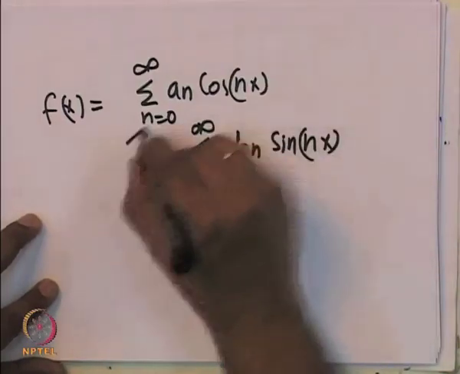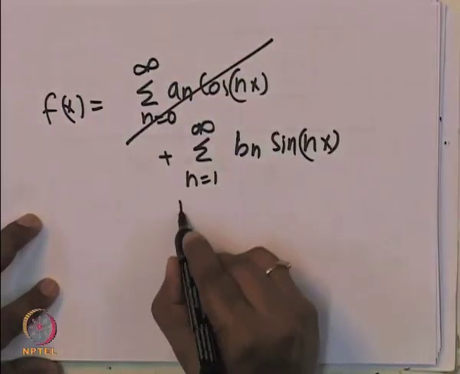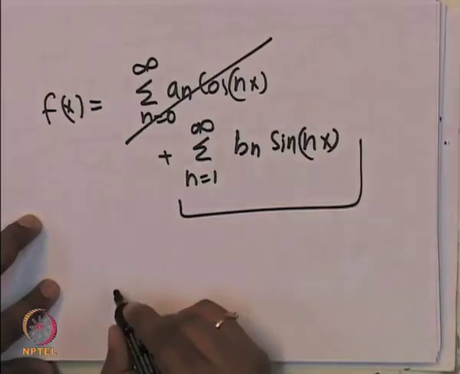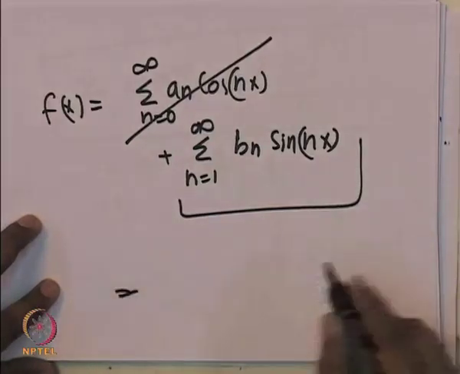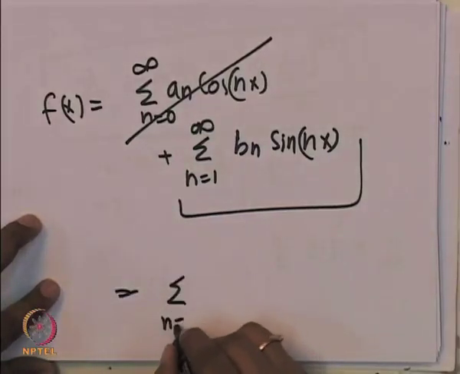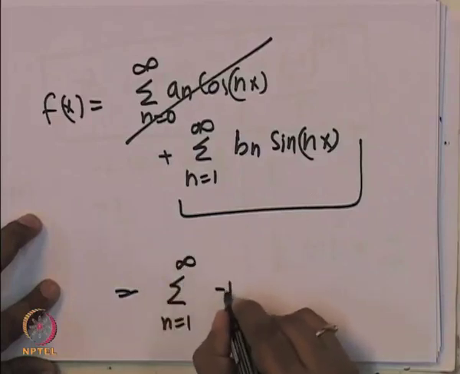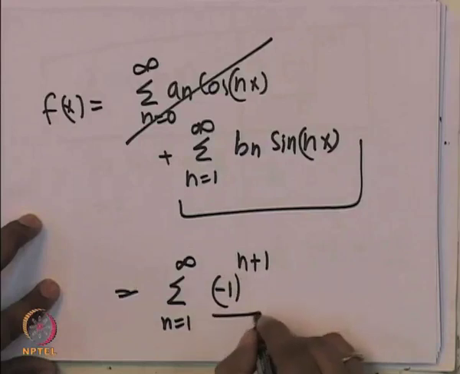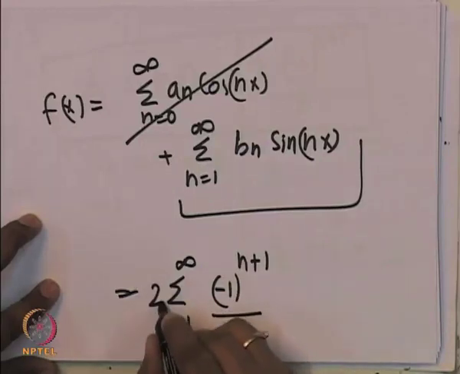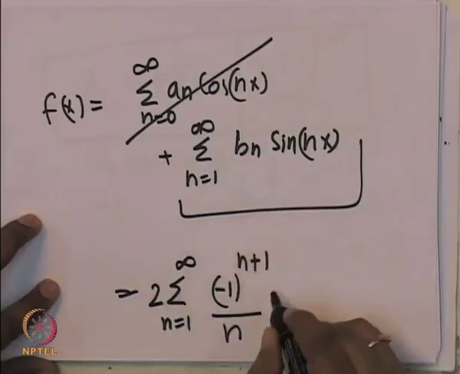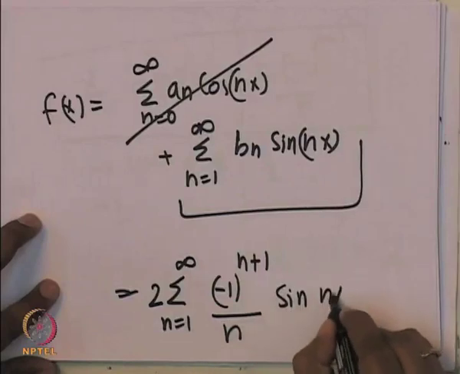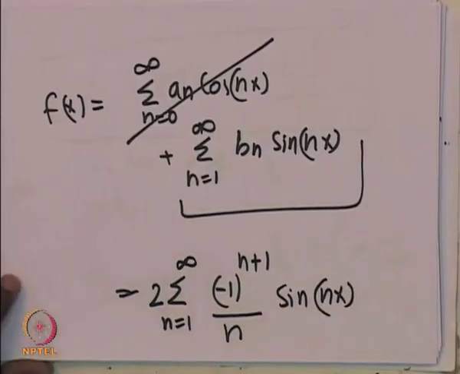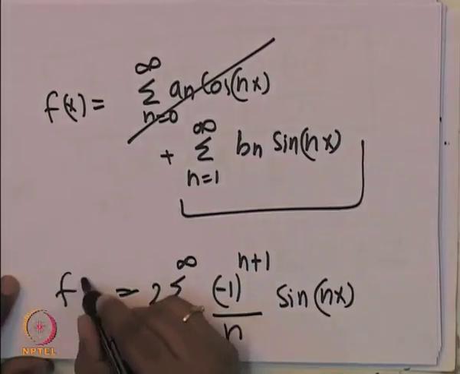We found that a n was 0. So, the only remaining term was b n, and b n was found as minus 1 whole power n plus 1 divided by n times 2, and there is sin n x. So, this is our f of x.